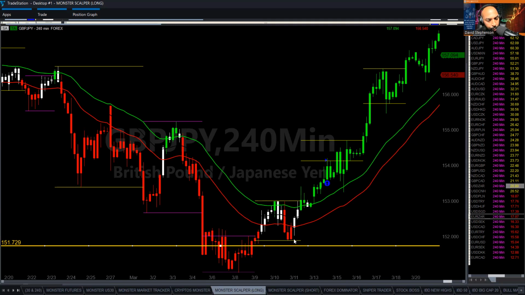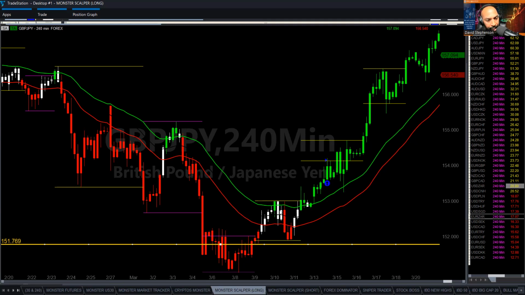Support right here is where you're going to be selling. So we want very tight entries and exits. We don't want to put our buy signal up in here and our stop loss down in this area. We want to put our buy in here, with the stop loss right below that support line, right about in here.